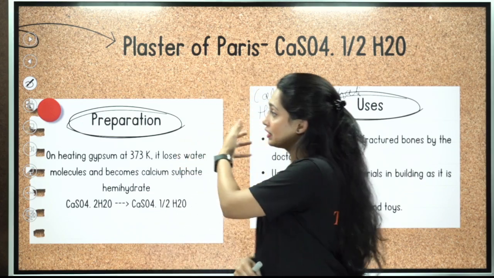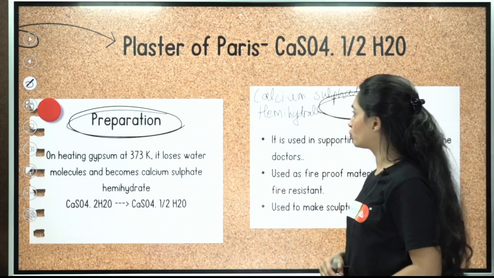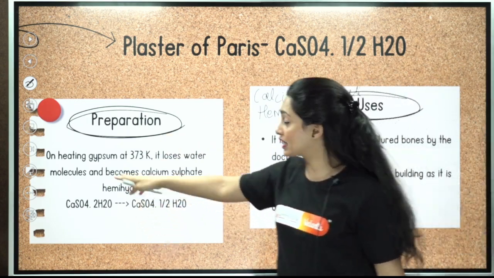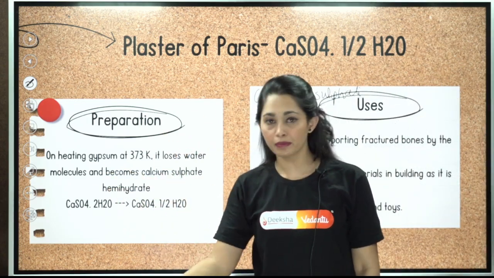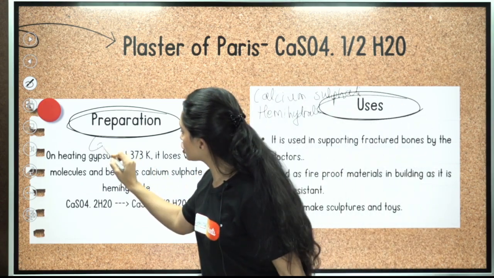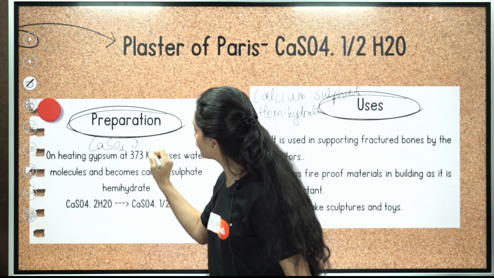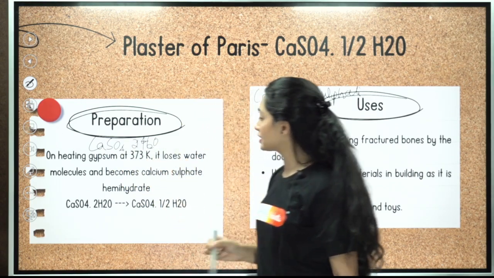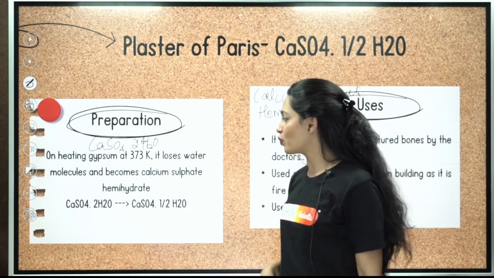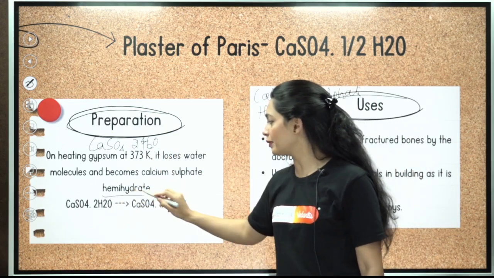That's why we have half H2O. So how do we prepare that? We extract gypsum from the earth. Gypsum is calcium sulfate dihydrate, CaSO4 2H2O. On heating at 373 Kelvin, it loses water molecules and becomes calcium sulfate hemihydrate.